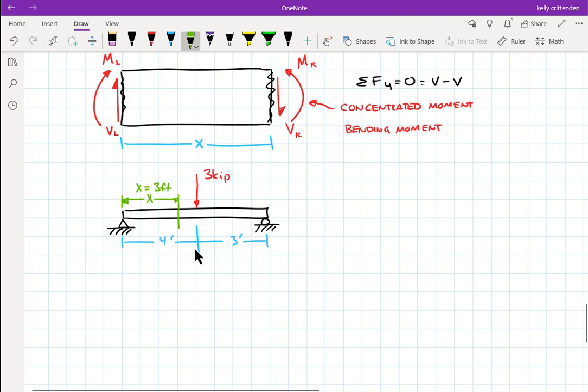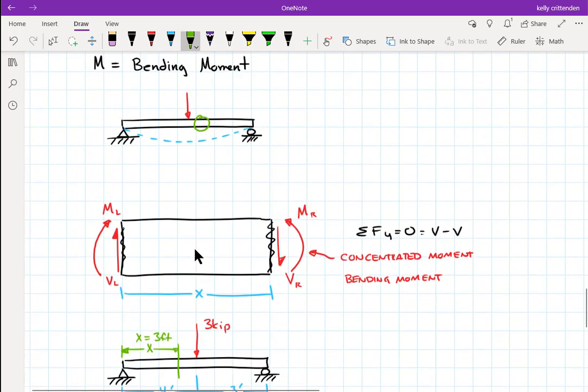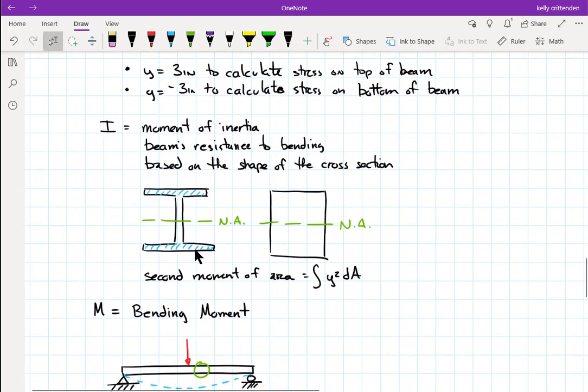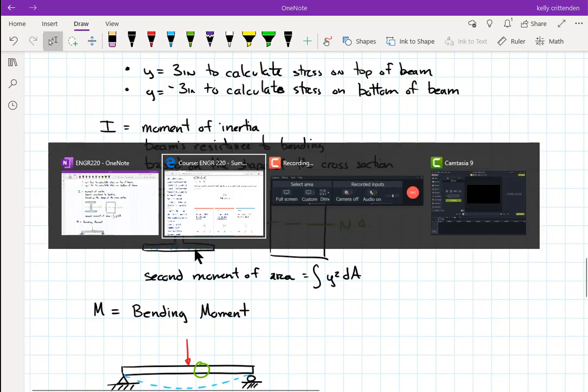We need to know what kind of beam this is because I is in the flexural stress equation, and I is determined by the shape of the beam. So we need to come up with some kind of beam. For now, I said that we were going to use the idea that some beams are already pre-calculated for us.